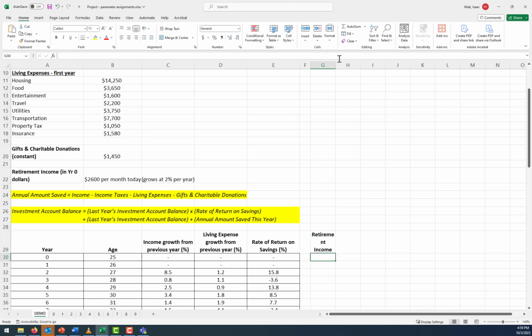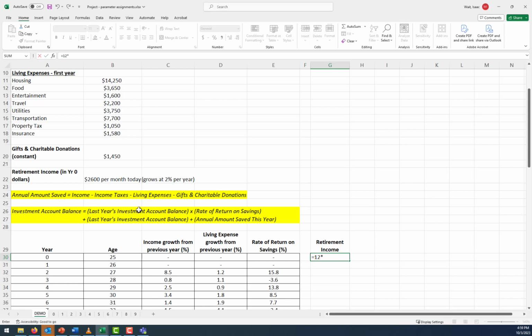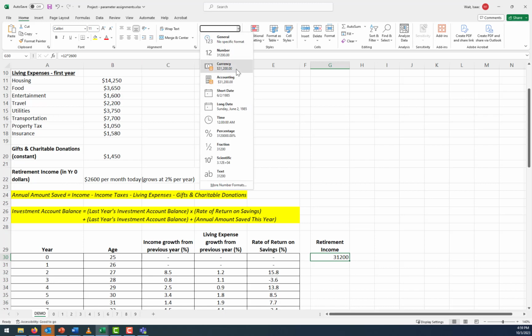So if they retired today at year 0, then their income would be $2,600 per month. And so that is 12 months per year times $2,600 per month. So if they retired today, then their income in retirement would be $31,200 per year.